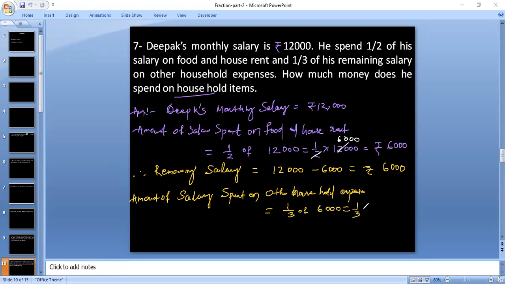So 1/3 into 6,000 will be 2,000 rupees. Put the rupee symbol here.